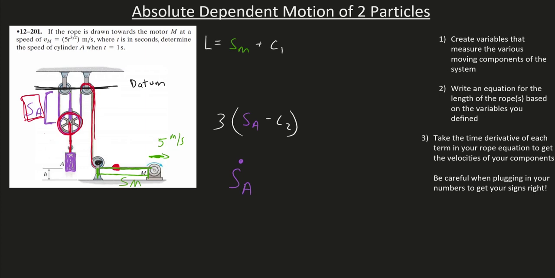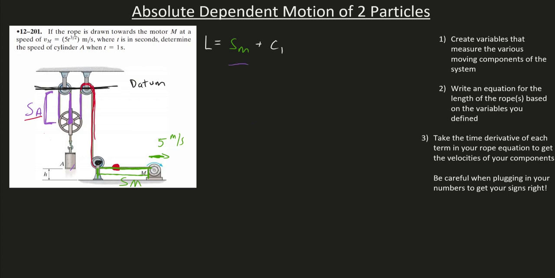So actually, let me switch gears just so you guys can see it, because I do this all the time, and as you guys get better at doing all this stuff, I'm sure you'll do it too. I'm going to make this SA variable measure out to the center of my pulley. So I'm going to erase this work here.